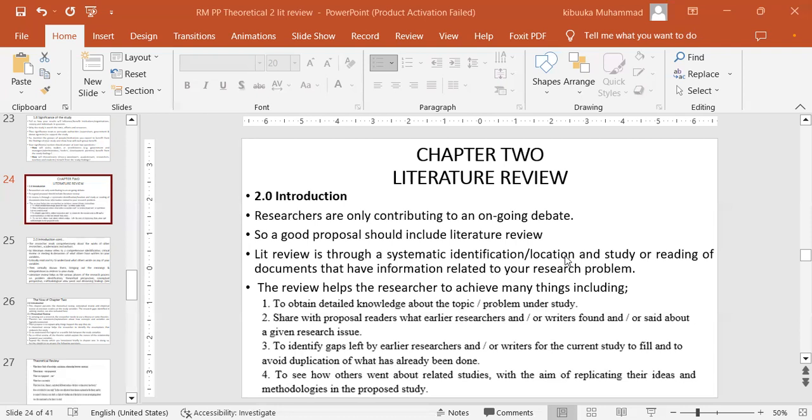Because you selected a topic from your area of specialization, you know the library section where such literature is located. If you are online as the current generation we are in, you know the journals which specialize in that concept. Let me say you are talking about entrepreneurship. You will probably search the entrepreneurship journals.